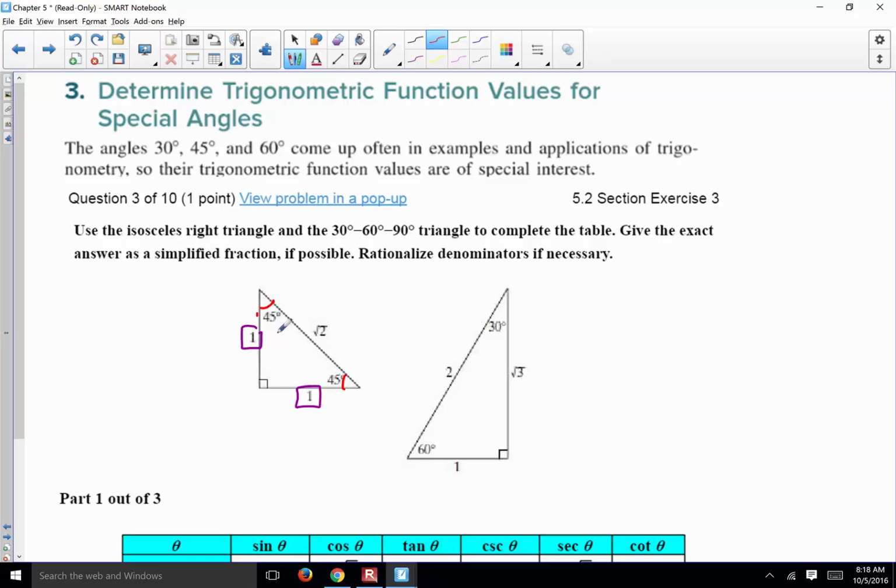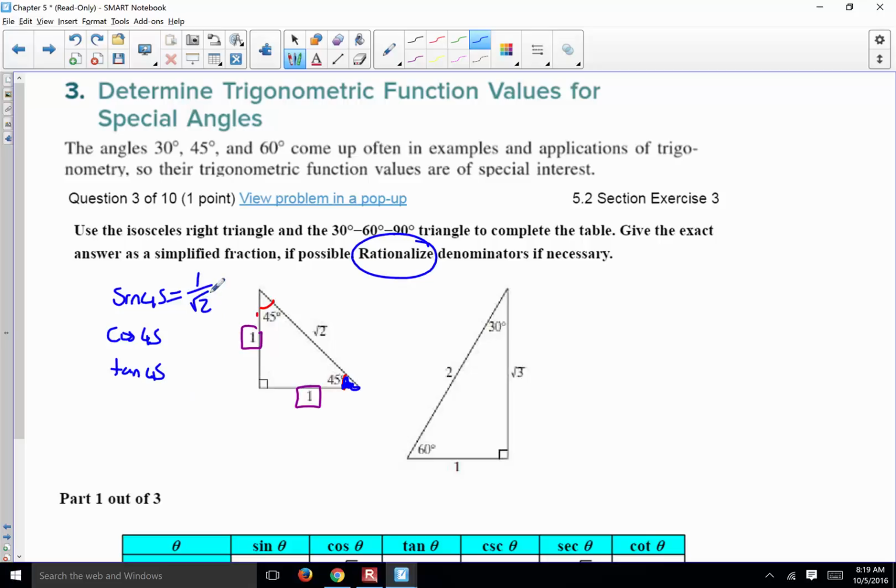So by using any one of these corner angles, you can compute sine 45, cosine 45, tangent, any trig function of 45 can be computed. For example, what is sine 45? It's opposite over hypotenuse, right? I'm using this one. Opposite over hypotenuse, 1 over root 2. But they don't like irrational denominators.